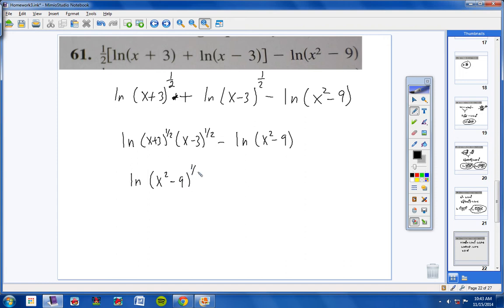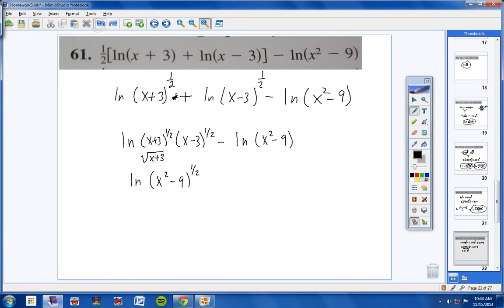Let me show you how, okay? Remember, x plus 3 to the 1/2 power is the same thing as the square root of x plus 3. And x minus 3 to the 1/2 power is the same thing as the square root of x minus 3. So you can multiply those two together, and they'll be to the 1/2 power. Okay, so you can do that.